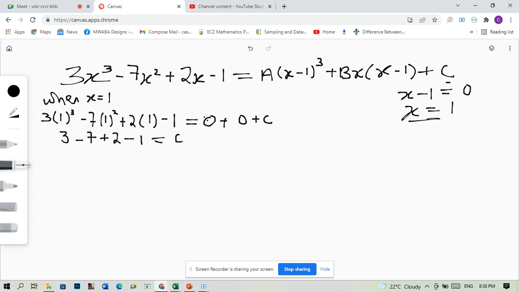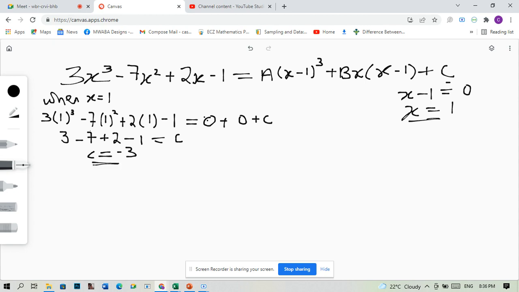So 3 minus 7 is negative 4, plus 2 is negative 2, minus 1 is negative 3. So therefore, c equals negative 3.